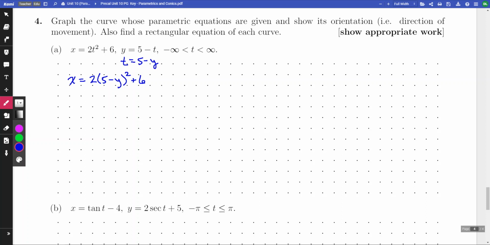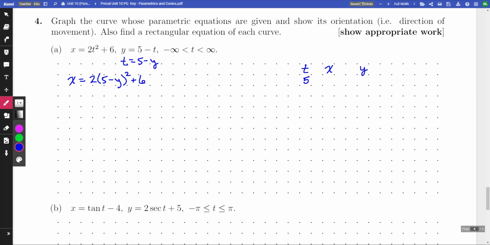So we could come over here and say, I noticed that I have some symmetry, and I have my y value. And so I might choose a value for t. A value of 5 for t is probably going to be valuable because that's going to give me an x and a y.